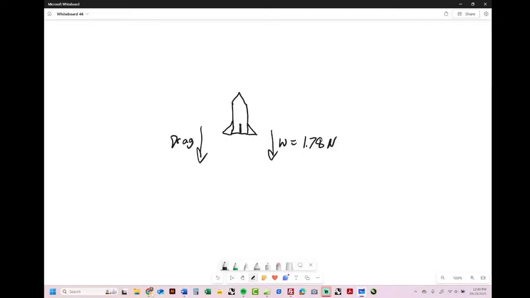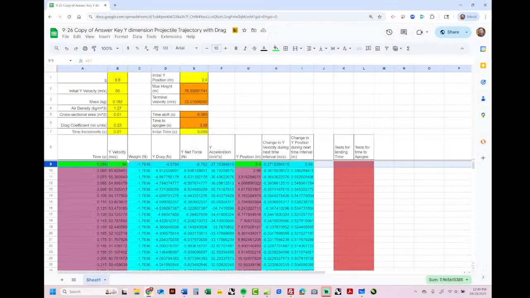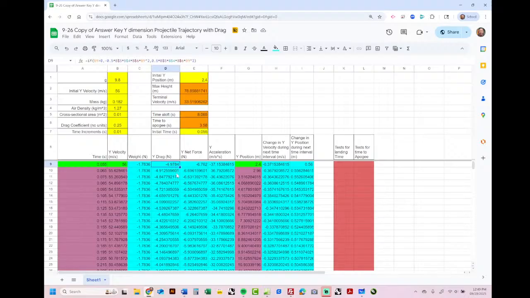Now the drag in the very beginning is going to be big because it's going super fast. So the y drag is negative 4.97 newtons. That's over a pound of force acting on this rocket. And it's creating a net force that's really strong, so we're going to have a big negative acceleration.